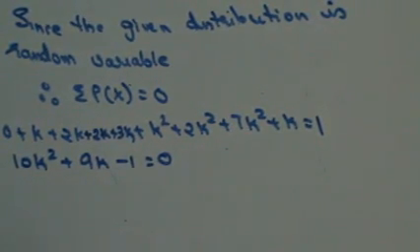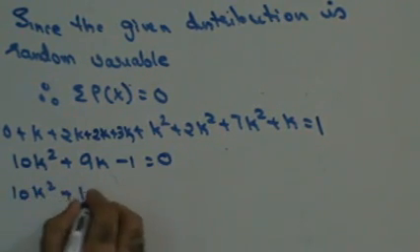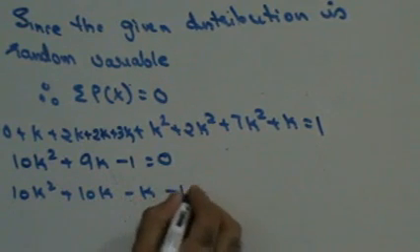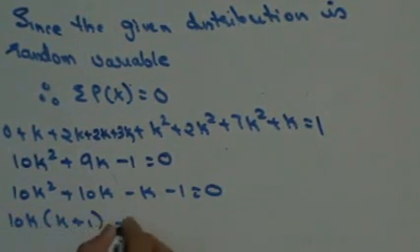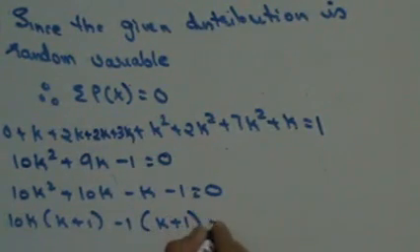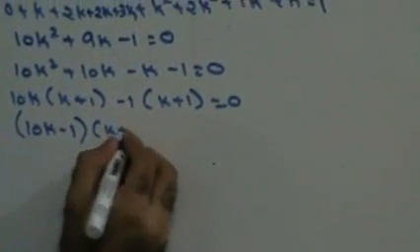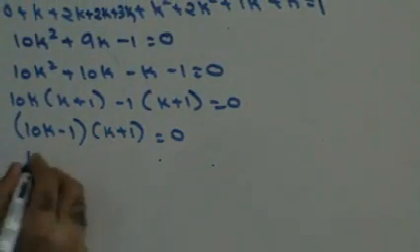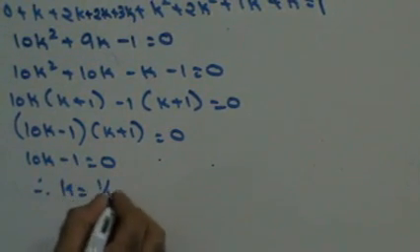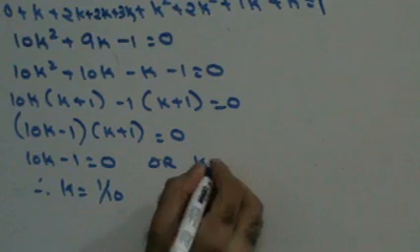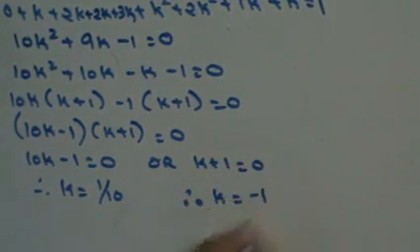Let's solve this. This can be written as 10k square plus 10k minus k minus 1 is 0. 10k times k plus 1 minus 1 times k plus 1 is 0. So I can say 10k minus 1 times k plus 1 is equal to 0. 10k minus 1 is 0, therefore k is equal to 1 upon 10, or k plus 1 is 0, therefore k is equal to minus 1.